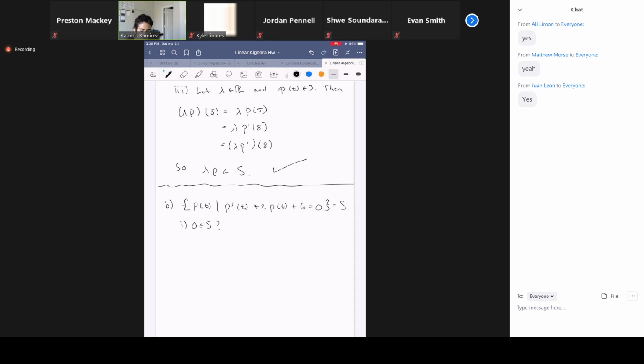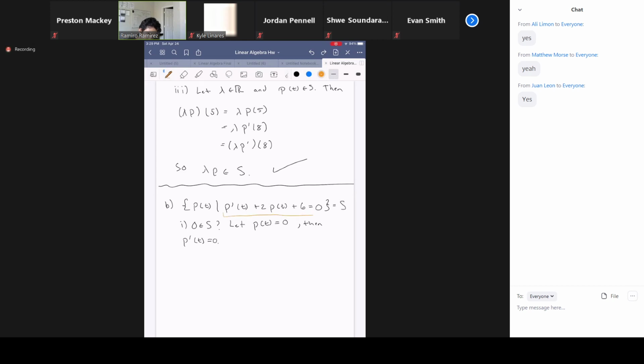Well, if P of T is 0, then P prime at T is also equal to 0.